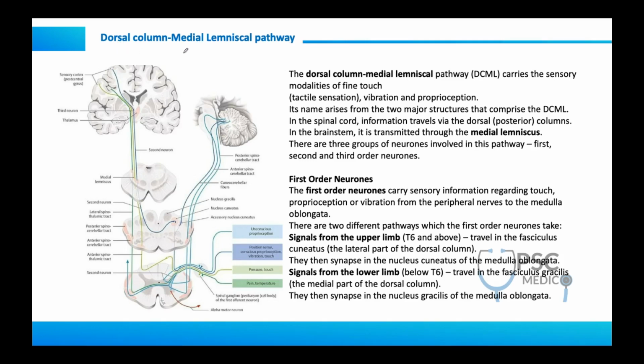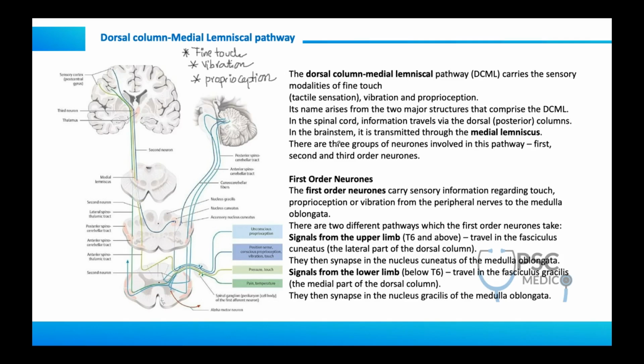The sensations carried here are tactile, that is fine touch sensation, vibration, and, very important, proprioception. So the three sensations carried by the dorsal column medial lemniscus pathway are fine touch, vibration, and proprioception.